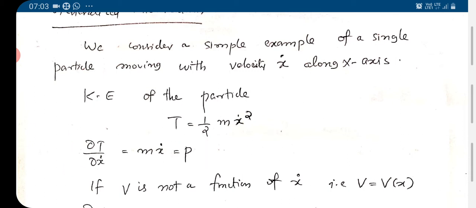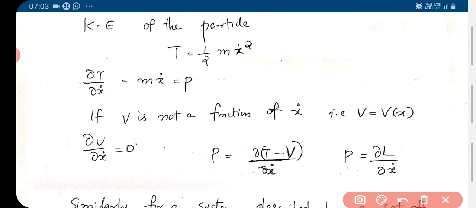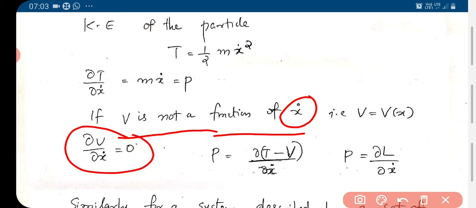If V is not a function of x dot, that is, if the potential energy is not a function of the velocity, V equal to V of x, then ∂V/∂x dot is 0. So one can write P as equal to ∂/∂x dot of (T minus V), because ∂V/∂x dot is 0.